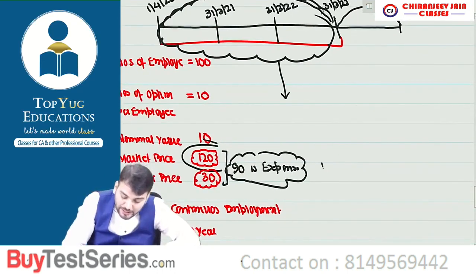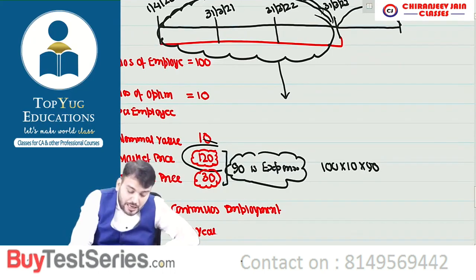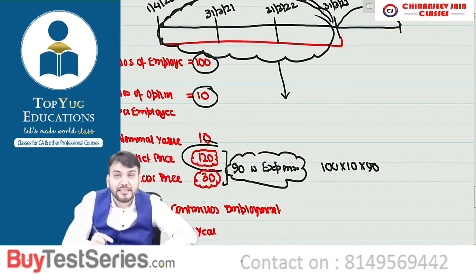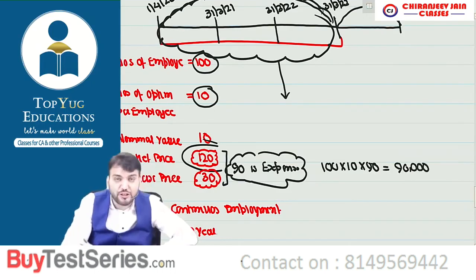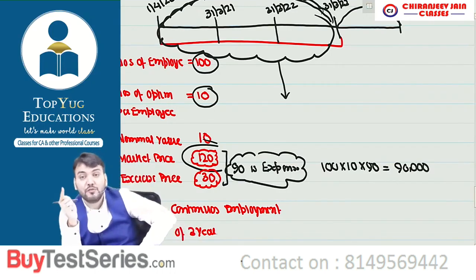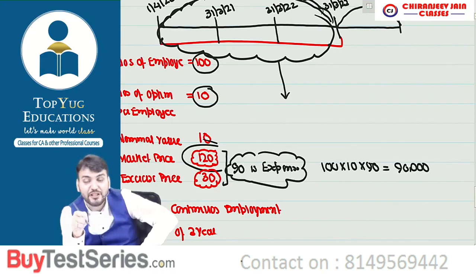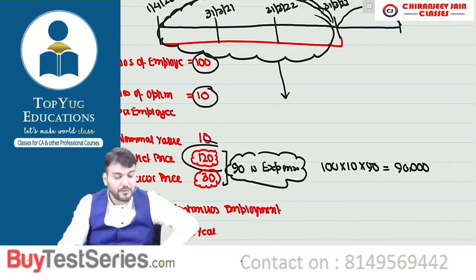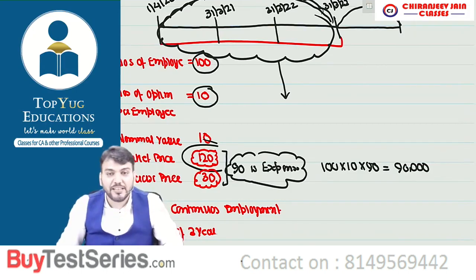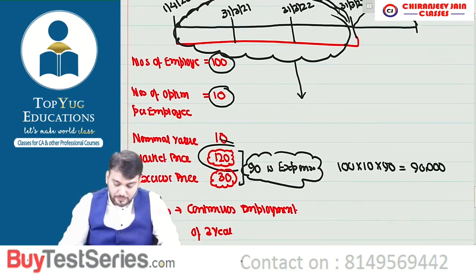Total expense: 100 into 10 into 90. 100 is the number of employees, each employee will get 10 options, and 90 is the expense per option. So what is the total? 90,000. My question to you all: will this 90,000 be recognized as an expense during the first year, second year, third year or fourth year? Tell me, everyone.